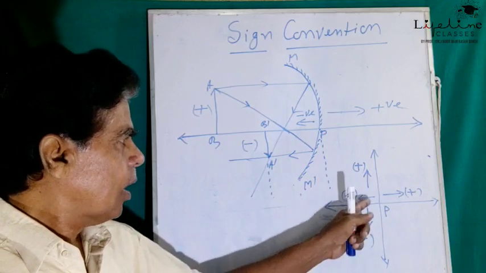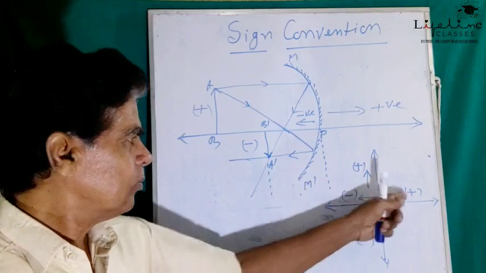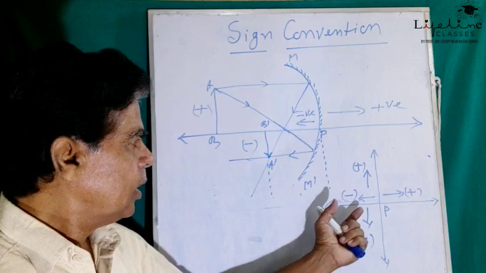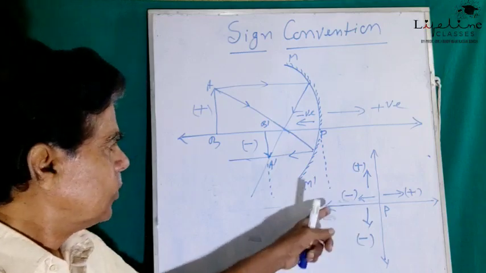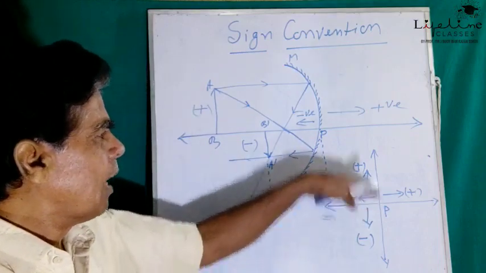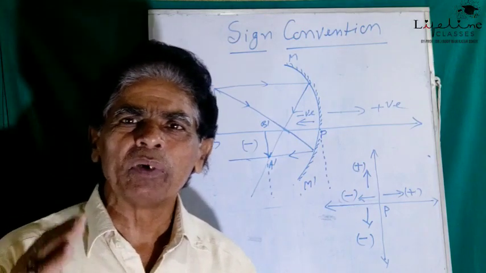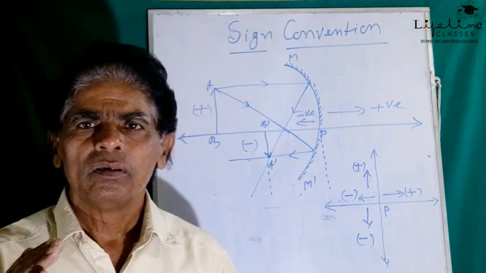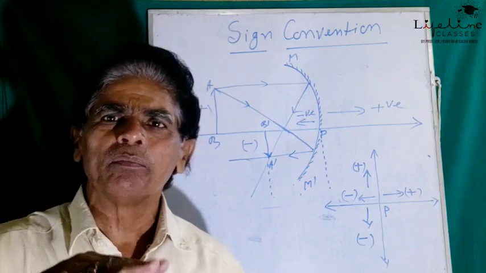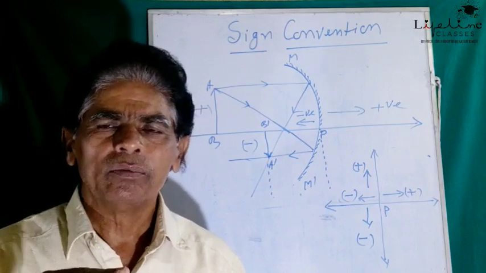See here, I have just represented this sign convention with a sketch in brief. Next one is the distances measured above the principal axis. All the distances measured above the principal axis are taken positive.